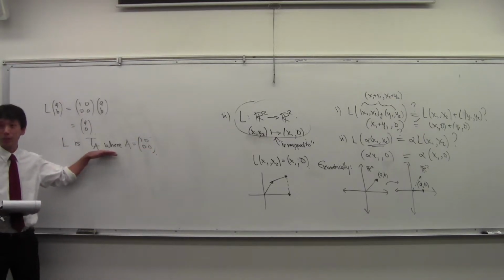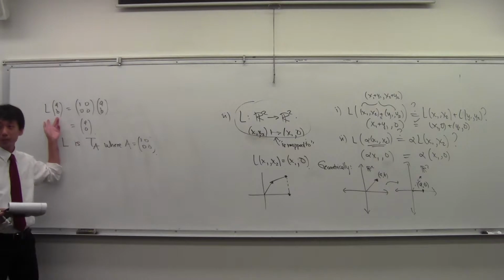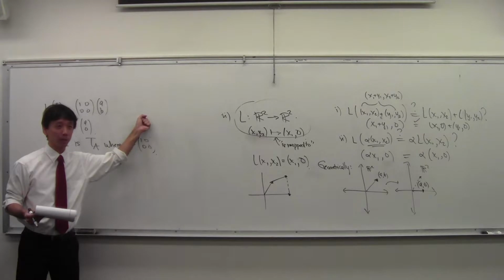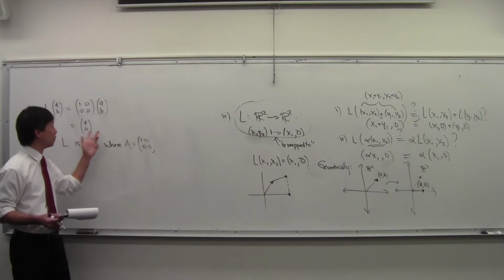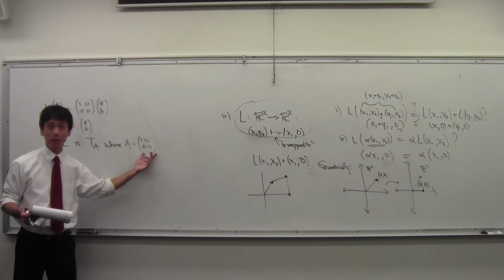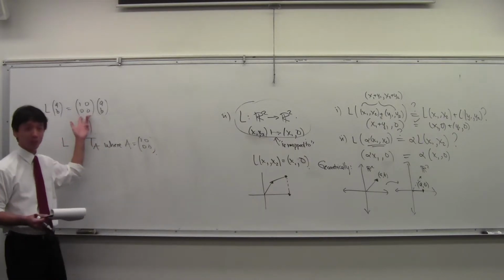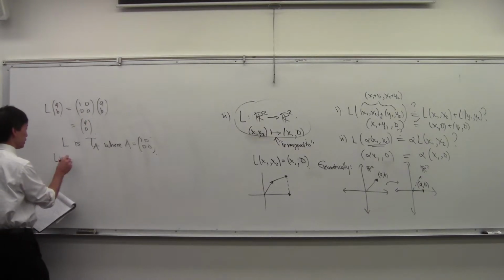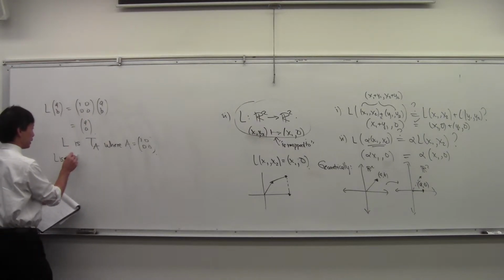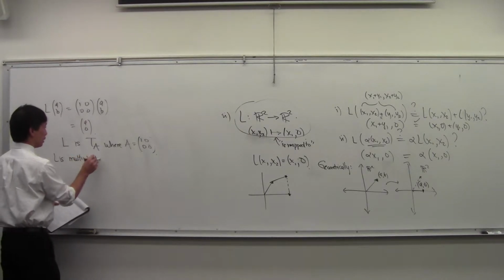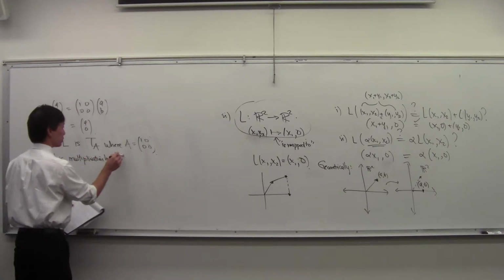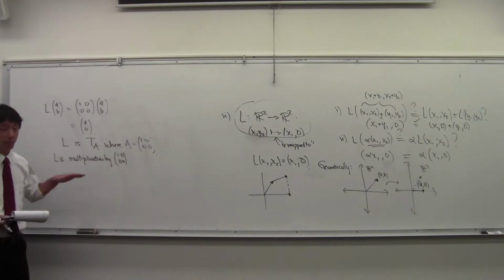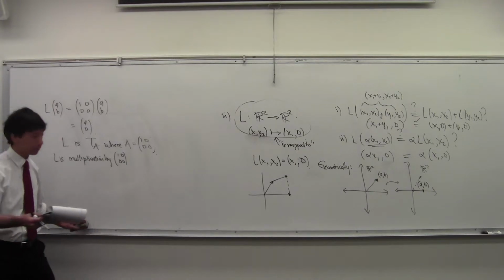So this transformation L is just one from the first category. We said that left multiplication by a matrix is a linear transformation. Well, this is actually just left multiplication by a matrix, so it's a linear transformation.